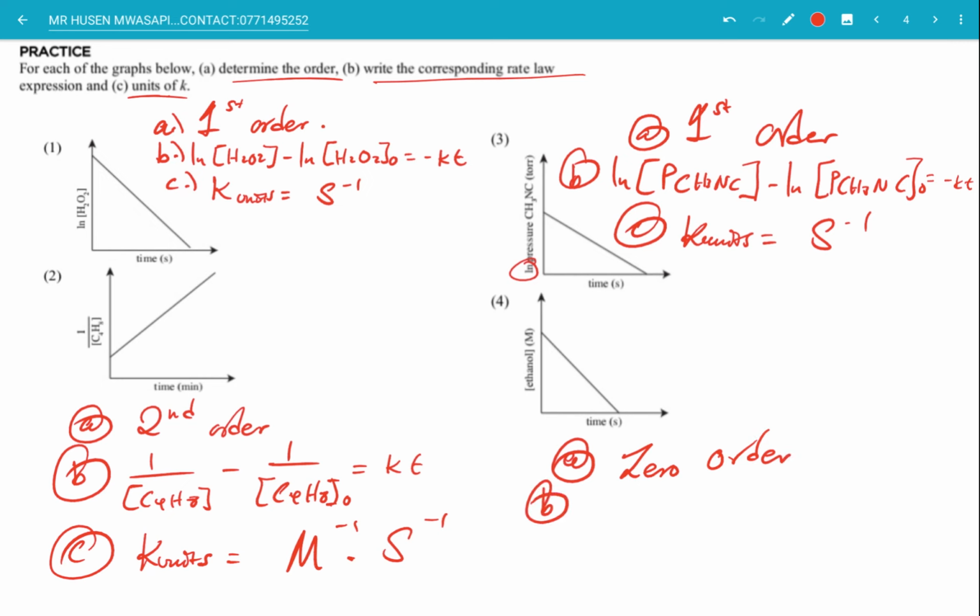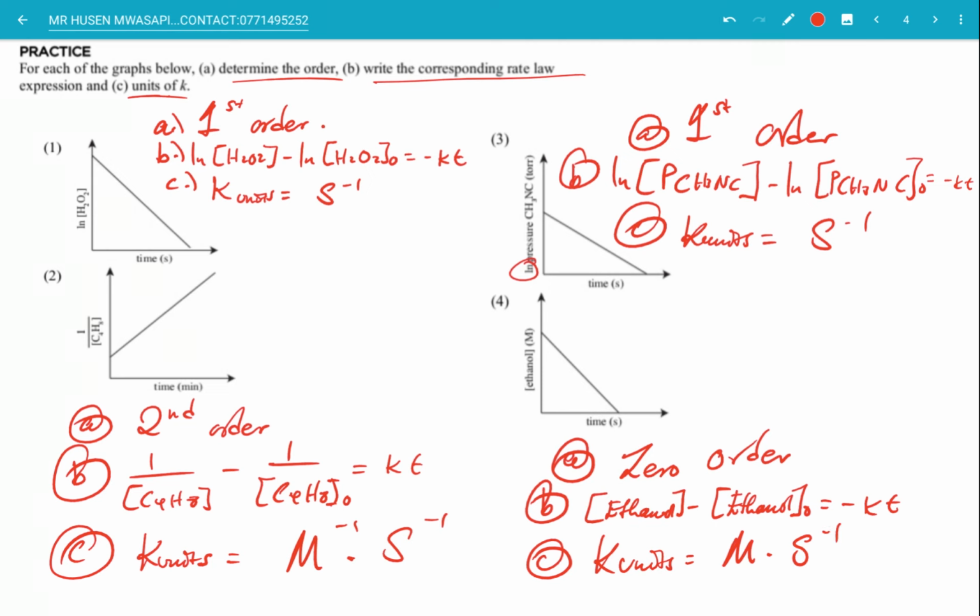Then to show the corresponding rate law, this is just going to be the concentration of ethanol after some time minus the initial concentration of ethanol being equal to negative KT. Then lastly, the K units. So the K units for a zero order is just going to be M by S to the minus 1.